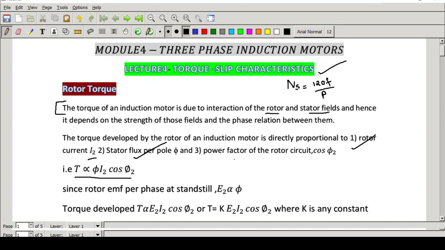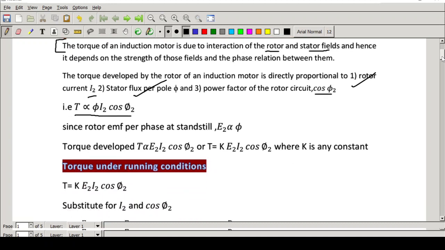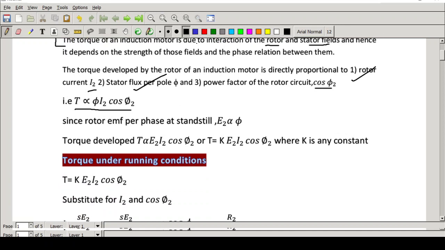Because this is an AC machine, we have to consider the power factor cos phi 2 also. So, the torque is proportional to phi into I2 into cos phi 2.